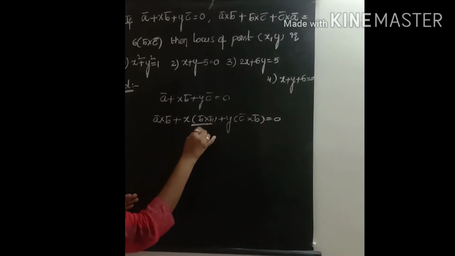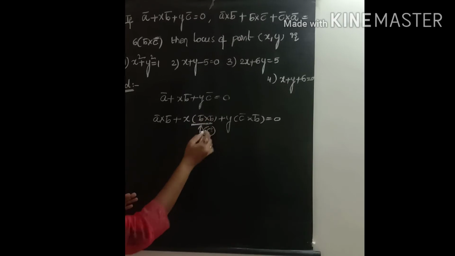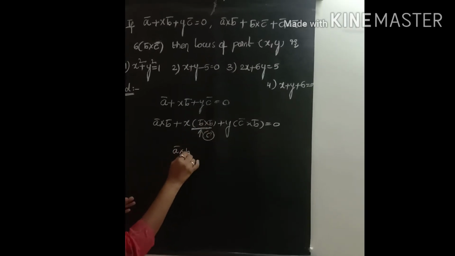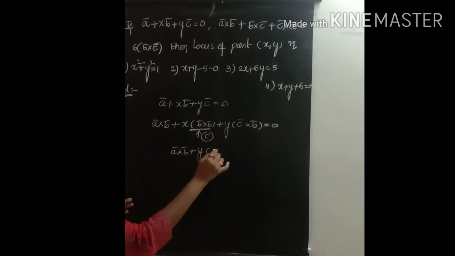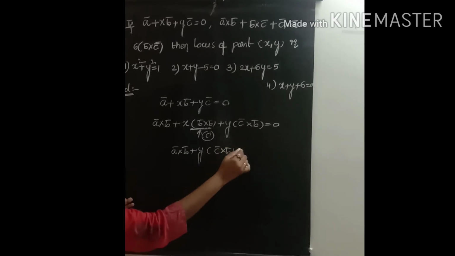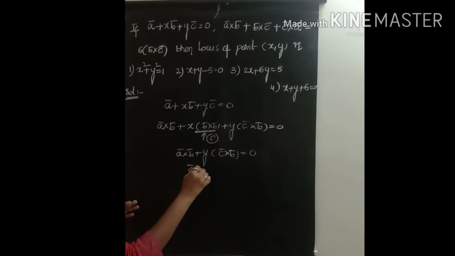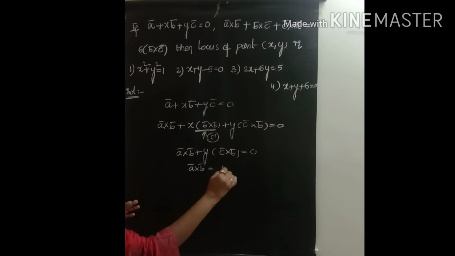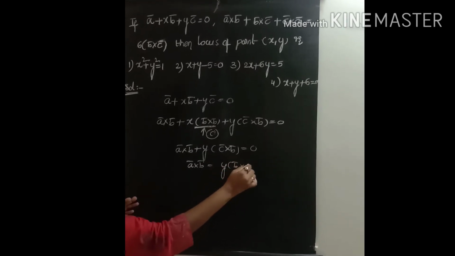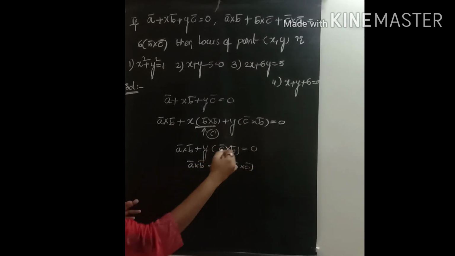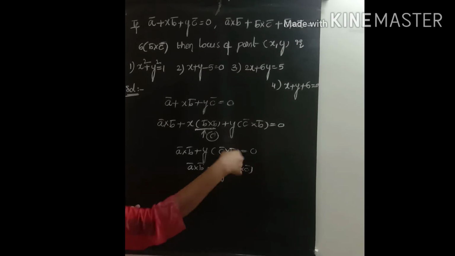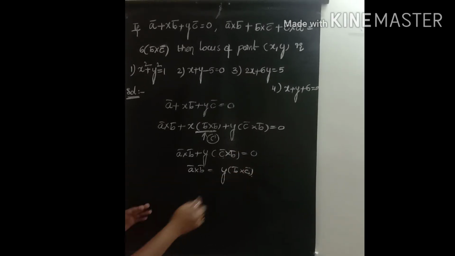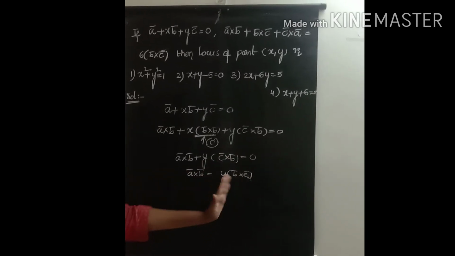Clearly the value of b×b is 0, so a×b + y(c×b) = 0, which implies a×b = y(b×c) after moving the term to the other side, so a×b equals y into b×c.